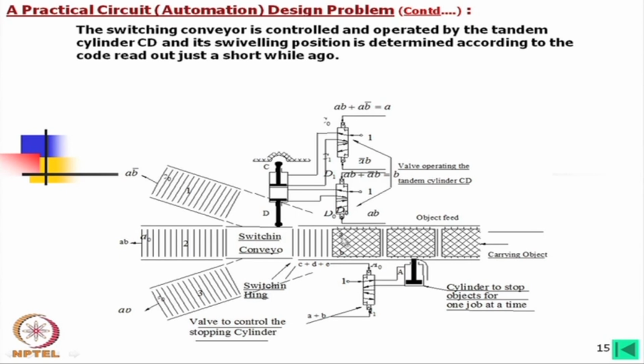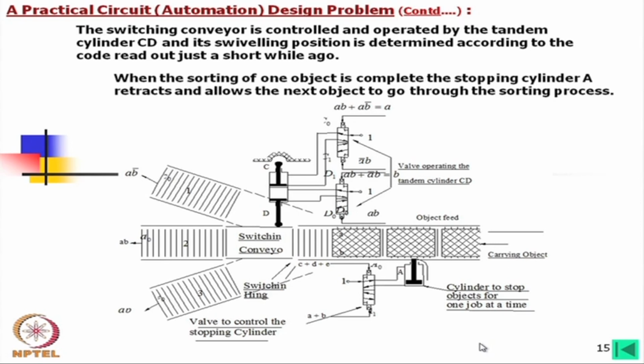This code is A and B. We have to read this code with the sensor. Then with this code we can find out what the object is. So, that will be recognized first, and then this information will be sent to the next section.